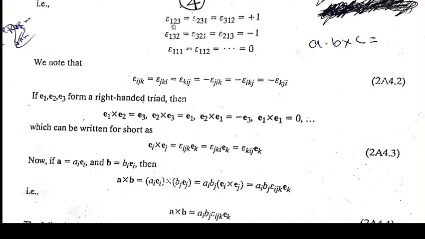And when there is something like this, that if you have 1, 2, 3, and if you have 1, 3, 2, first 1, then 3, then 2, or again if you have 3, 2, 1 or 2, 1, 3, it would be minus 1. That is, you are breaking the cycle. Like first 1, then 2, then 3, and if you have first 1, then 3, then 2, it will be minus 1.